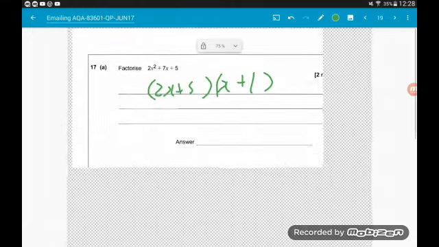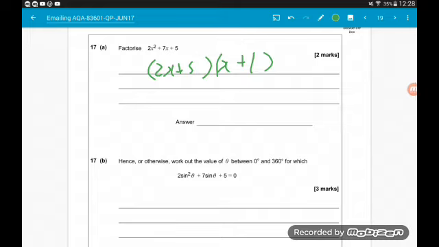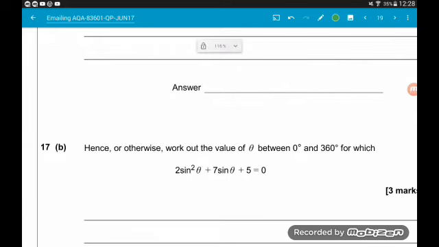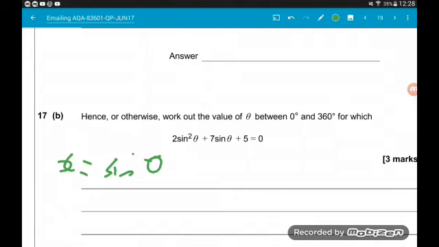Okay, and then for part 2, hence or otherwise, find the value of theta for which 2 sine squared theta plus 7 sine theta plus 5 is equal to 0. So this might seem completely unrelated to what we've just done. Basically, we're just making the substitution x is sine theta. So up above, we had 2x plus 5 times x plus 1.